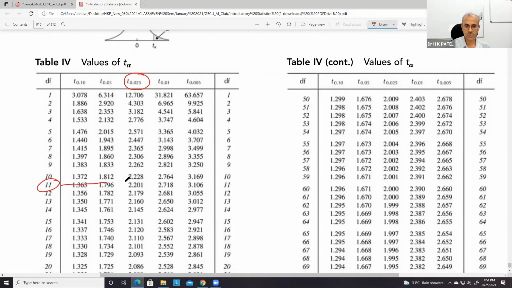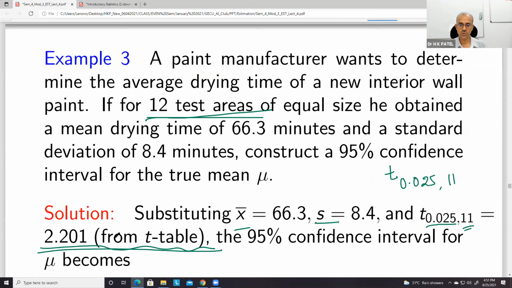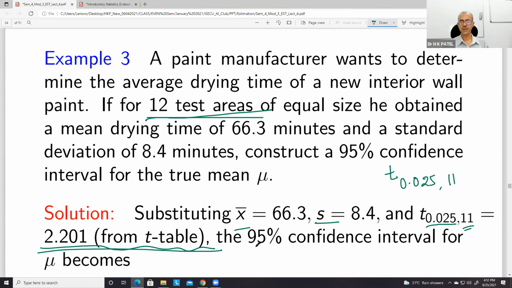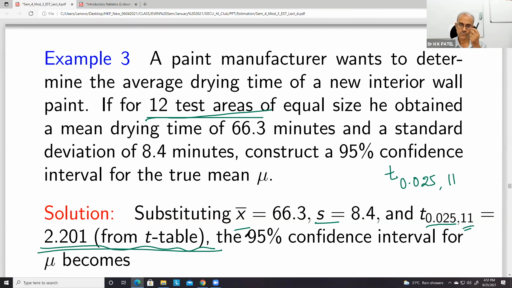If you move here and vertically here, we get this value 2.201. The degree of freedom is always obtained by subtracting one from the sample size, right? If it is 12, then the degree of freedom will be 11, right? Yeah. Thanks.